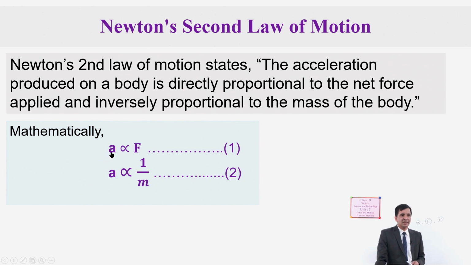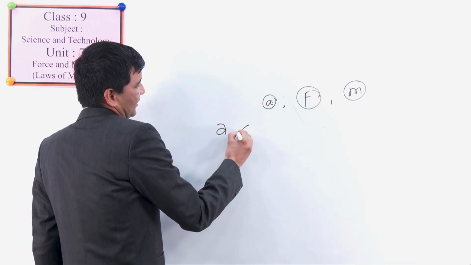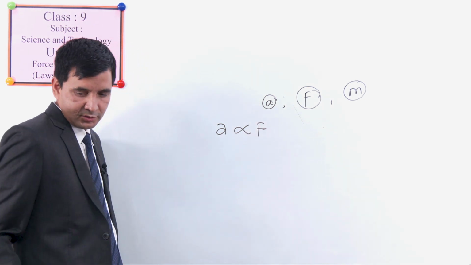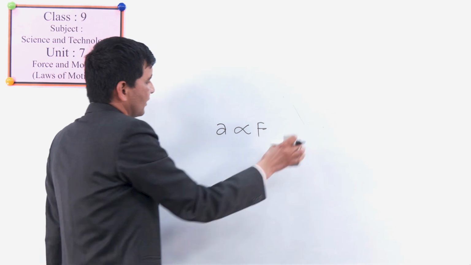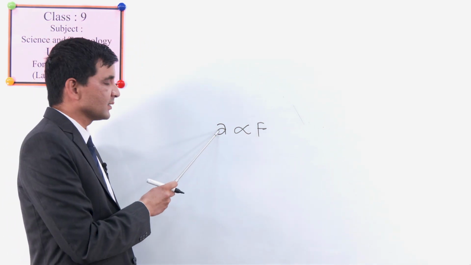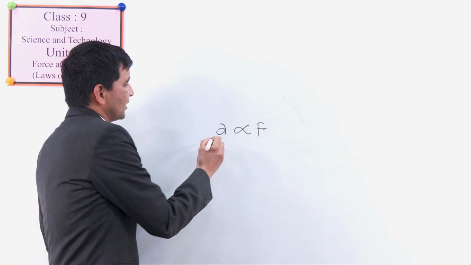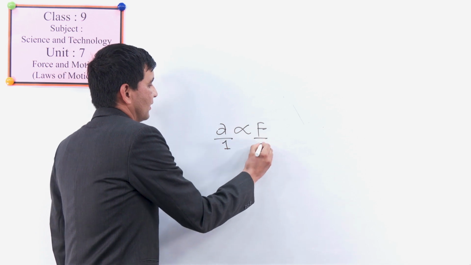Look once. A means acceleration. Acceleration produced on a body is directly proportional to the force applied on it. When we write this type of expression, acceleration is directly proportional to the force applied on it. Here, acceleration as well as the force, nothing is there, so we can write 1.